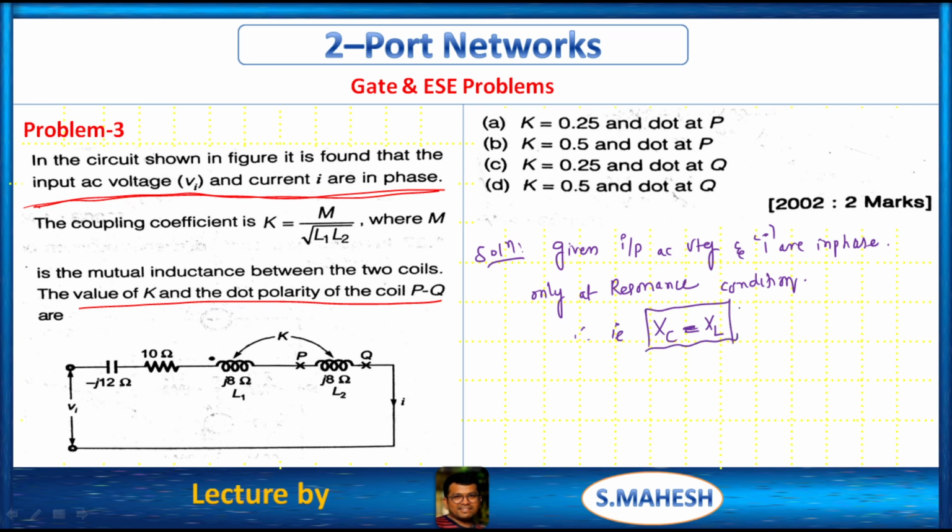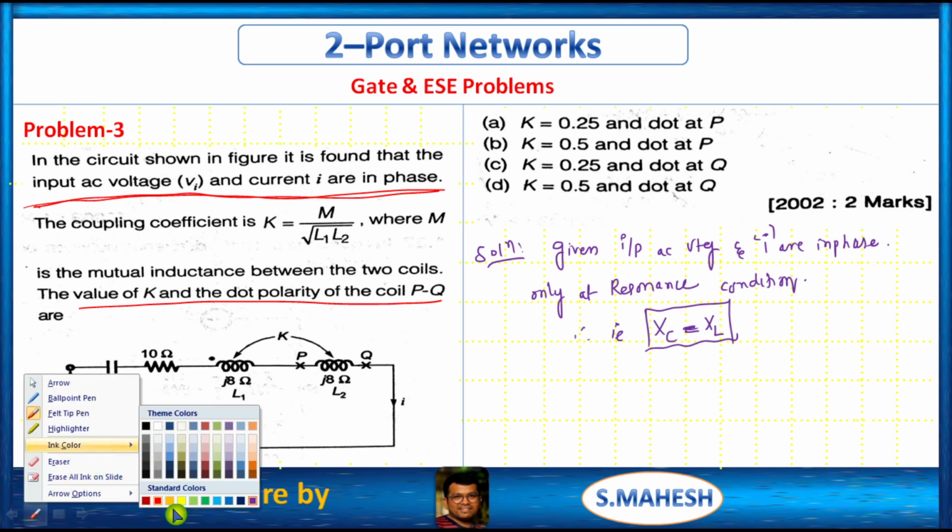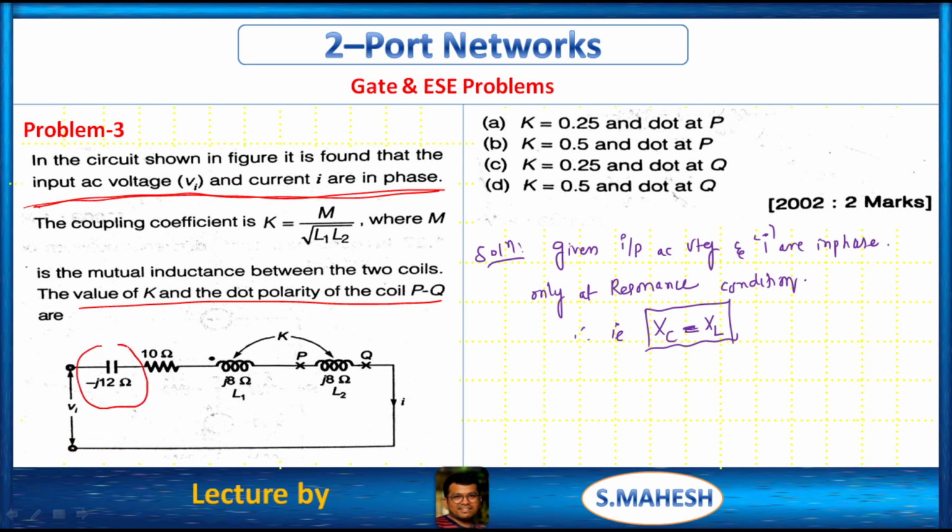From this we can write what XC is. It is given here, this is the XC component. XL is what? Here we have j8. Therefore we can have mod Z12, which equals mod j8 plus j8 plus 2M.